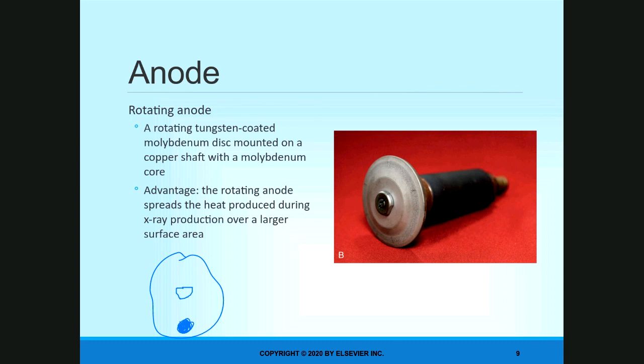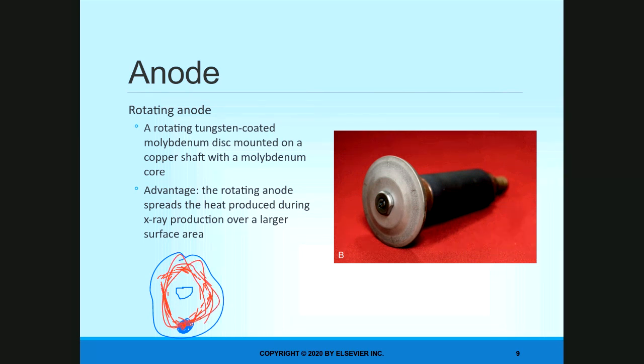But if this spins, then if you continue to hit right here in this area, but it's spinning, then you're actually striking multiple areas because this is spinning round and round. So you're actually helping dissipate the heat over a larger area, and you spread that out as this continues to turn. So much better for what we do in X-ray, because if we're constantly taking images and we're spreading this out over a greater area, then that's more beneficial.